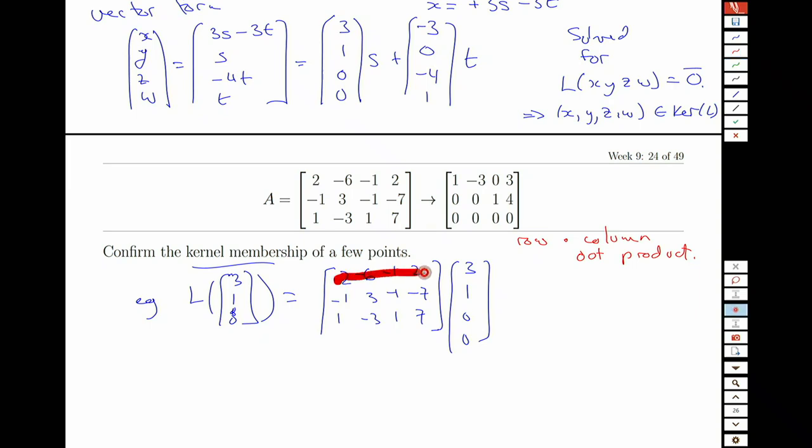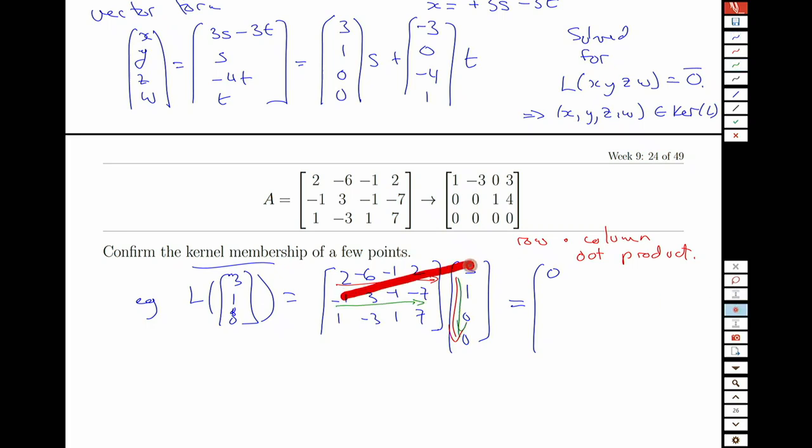That's how we actually do the implementation of our transform with a matrix. We take this collection here, which is x, y, z, w coefficients, and we multiply by the x, y, z, w values. And so when we do that here, this times this gives us a dot product: minus 6, sorry, plus 6, minus 6, 0. Oh, that's 0. And then we take the next row times that.